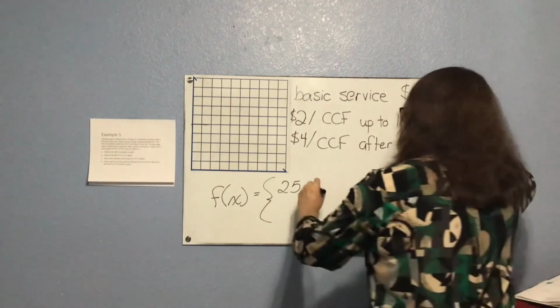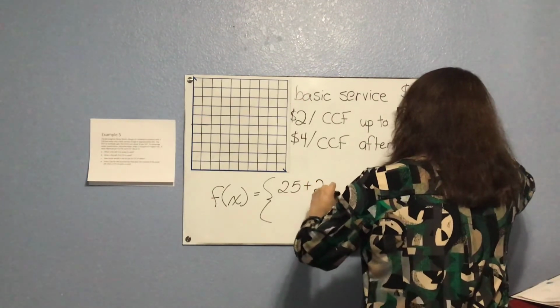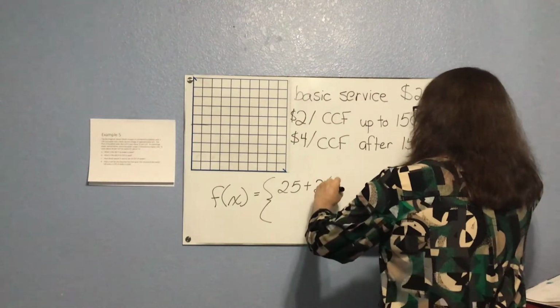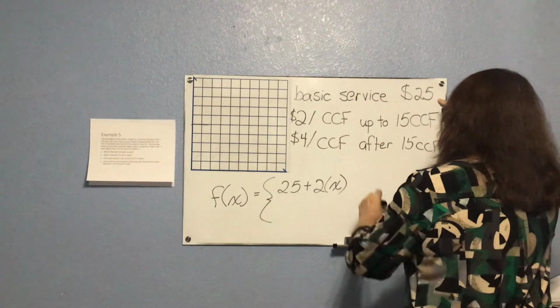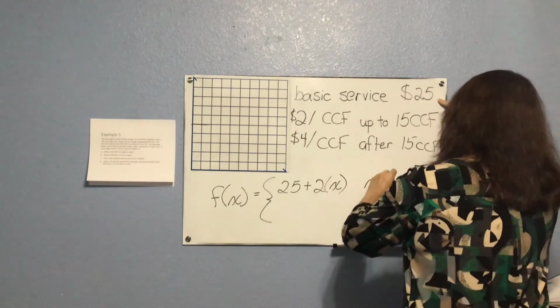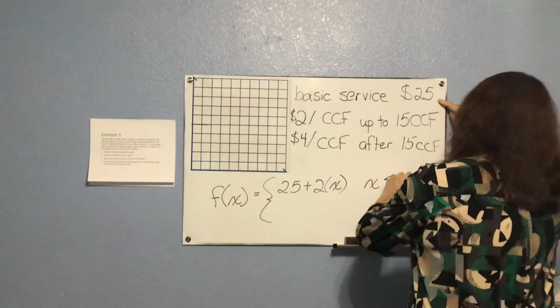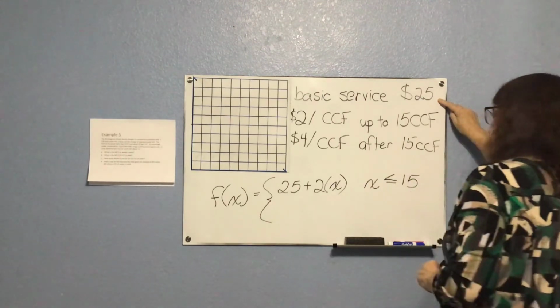So 25 plus $2 for every unit of water. And this is good for x less than or equal to 15.